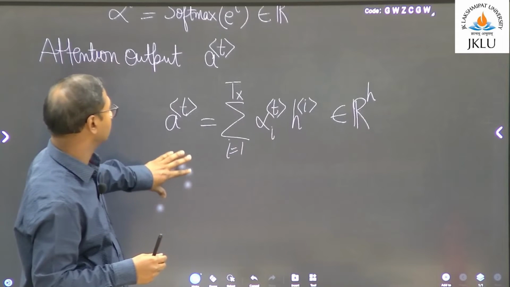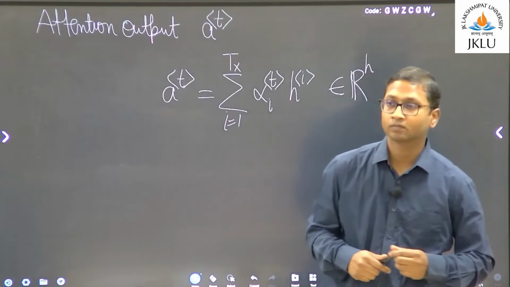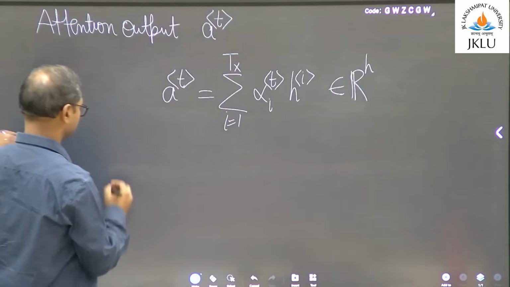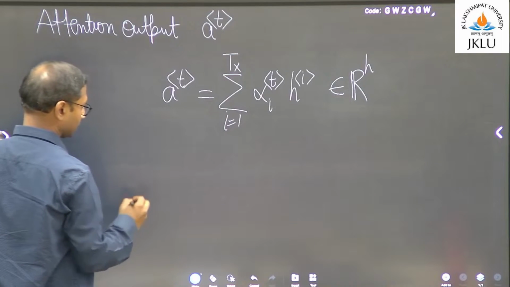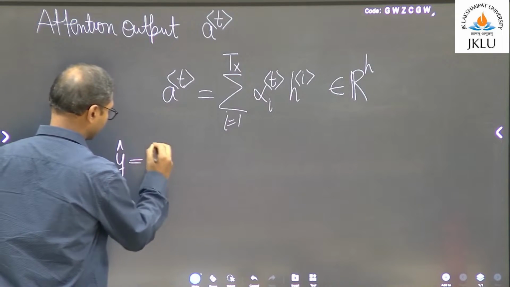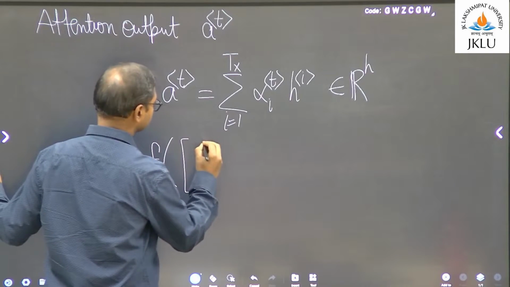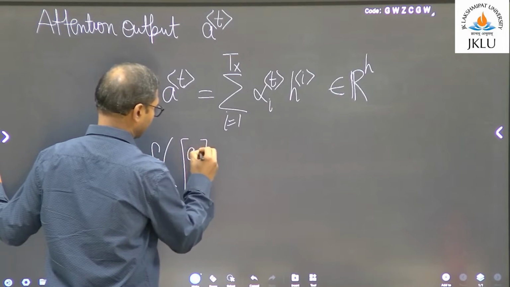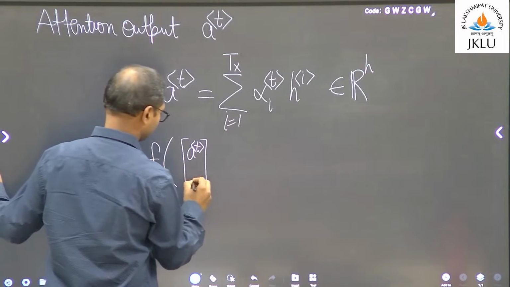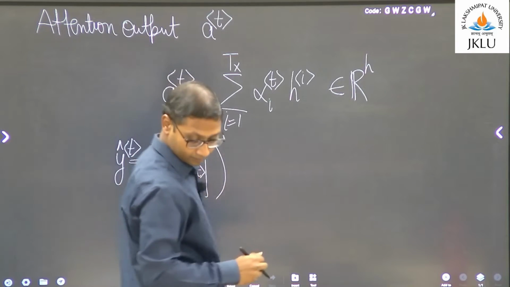What is left now? Your y hat is now a function of which vector? AT, right?